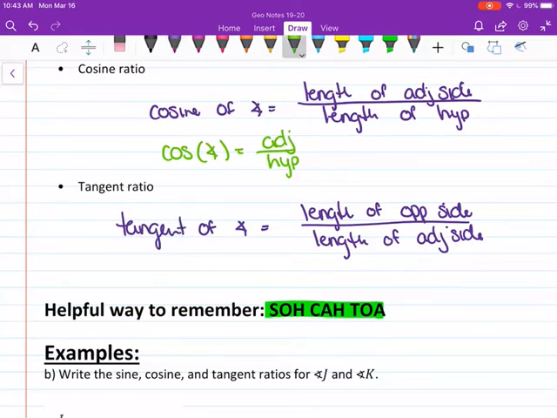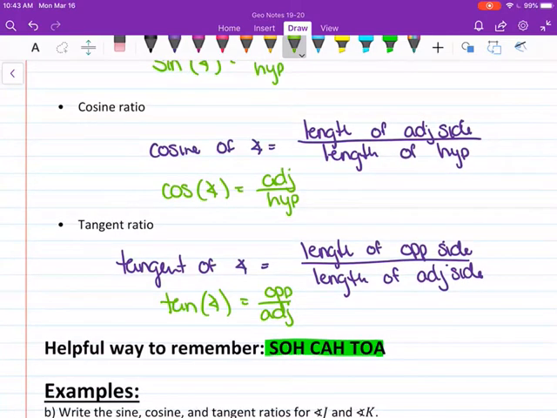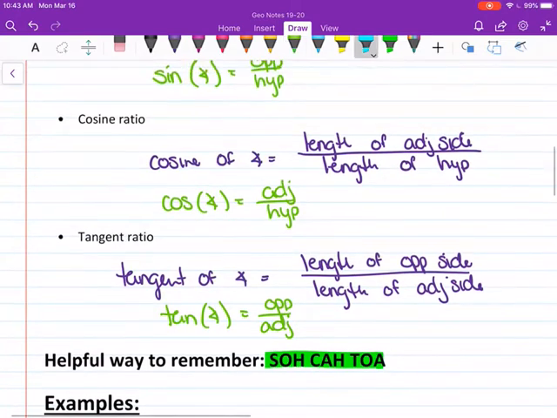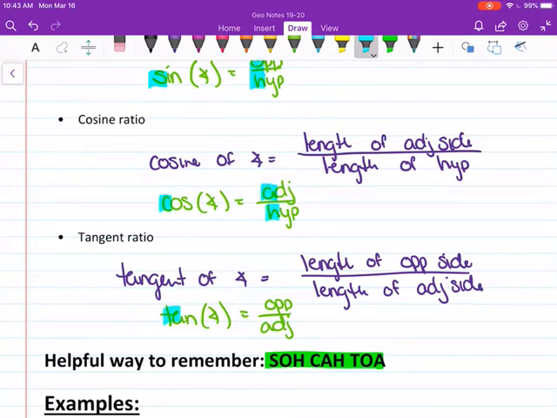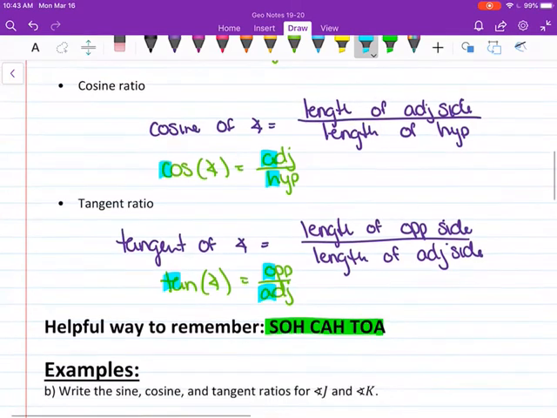So tangent of an angle is opposite over adjacent. When I look at SOHCAHTOA, the SOH is sine, opposite over hypotenuse; CAH is cosine, adjacent over hypotenuse; and TOA is tangent, opposite over adjacent.